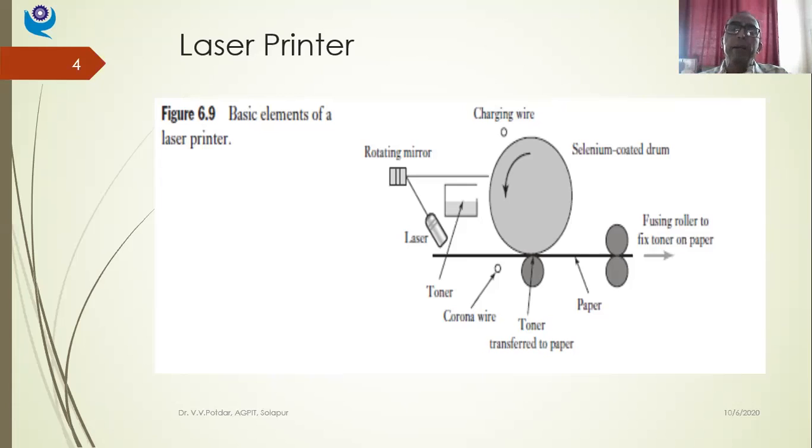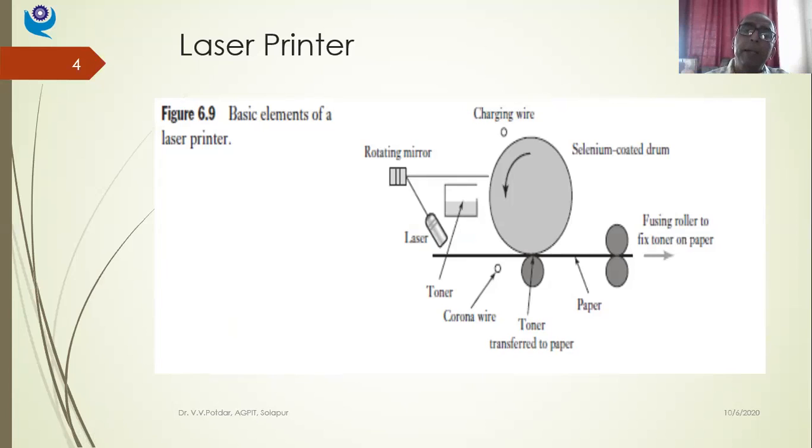Now, through the print memory, the data is appropriately converted to actuate the laser beam. The laser beam will be put on and put off based on my letter requirement, so to say. And then that laser beam is focused on a rotating mirror. The rotating mirror will reflect that laser beam of light onto the drum.